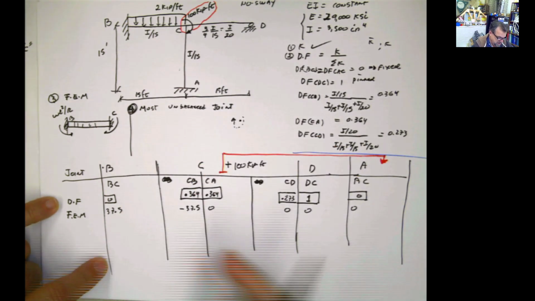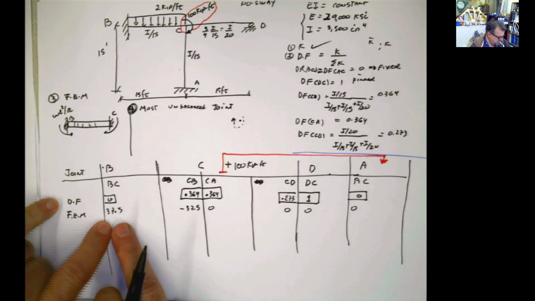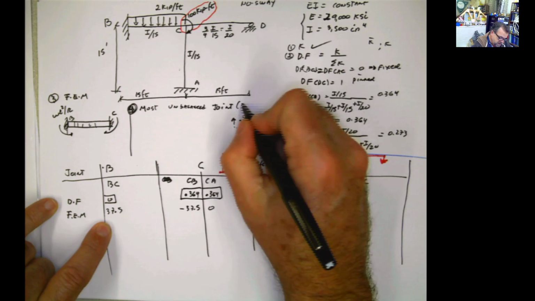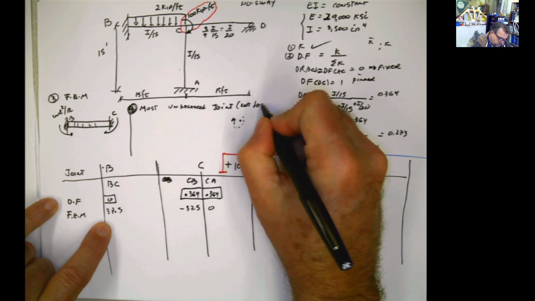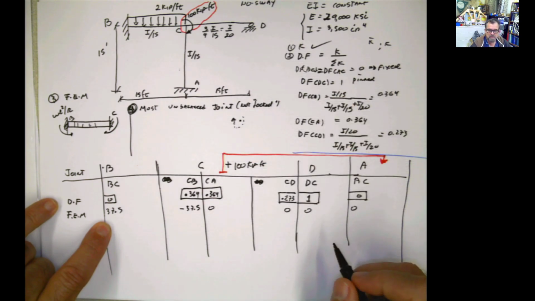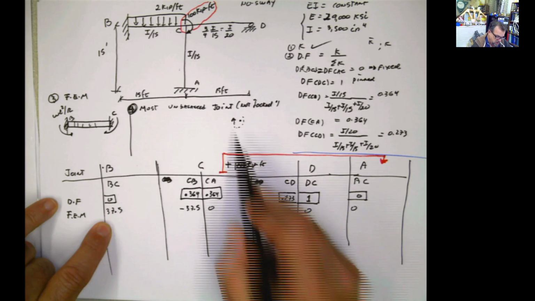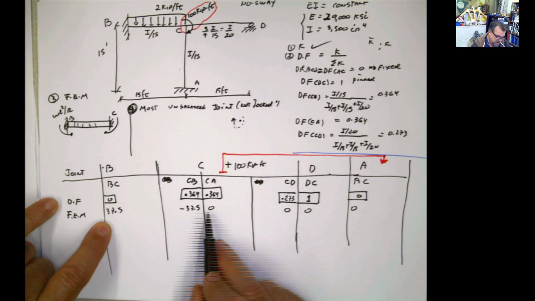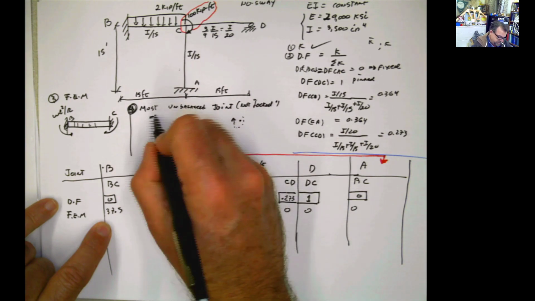In this case, you have an unbalance here of 37.5. I mean, the most unbalanced joint that is not locked, meaning that you don't have a fixed support in that joint. So the only one that is unbalanced, if you look at that, is joint C.